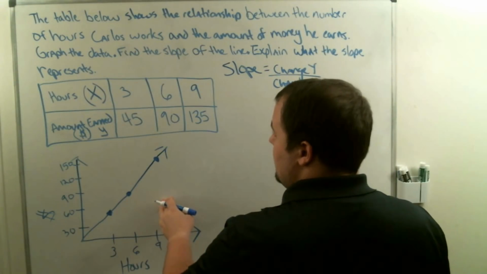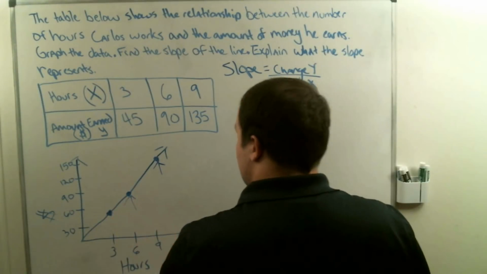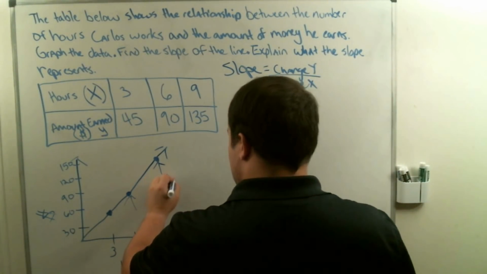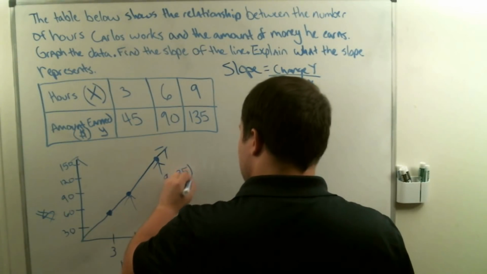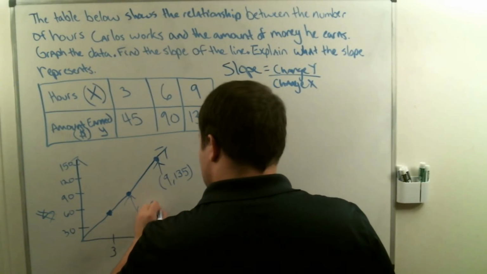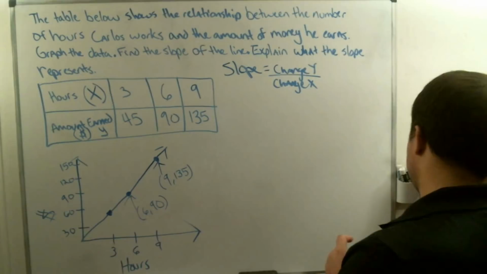We can pick any ones. I'm going to go ahead and pick this point here and this point here. So the coordinates of that is 9, 135, and the other one has coordinates of 6 and 90. And we're actually going to use the problem kind of like the way we did the last one.